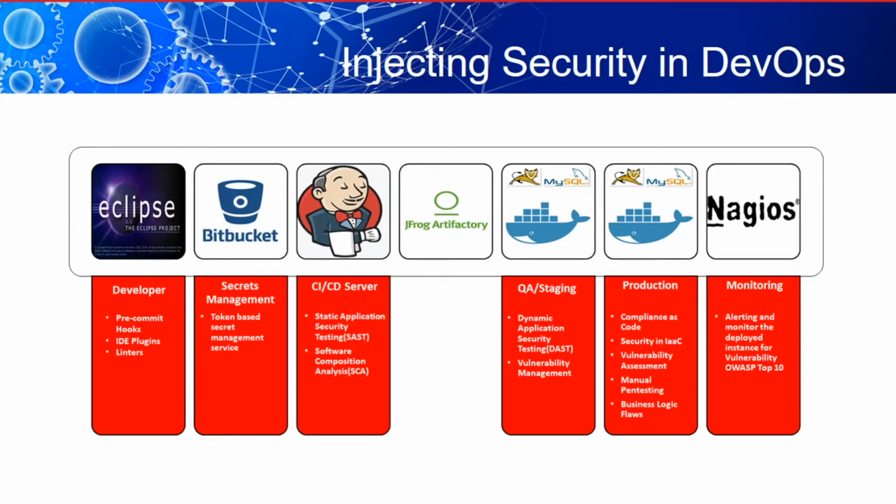Before committing to the next stage, the check is run for any risks, general risks such as configuration issues or any sensitive information. These pre-commit hooks can be installed on a developer's workstation and monitored before committing to the main branch.